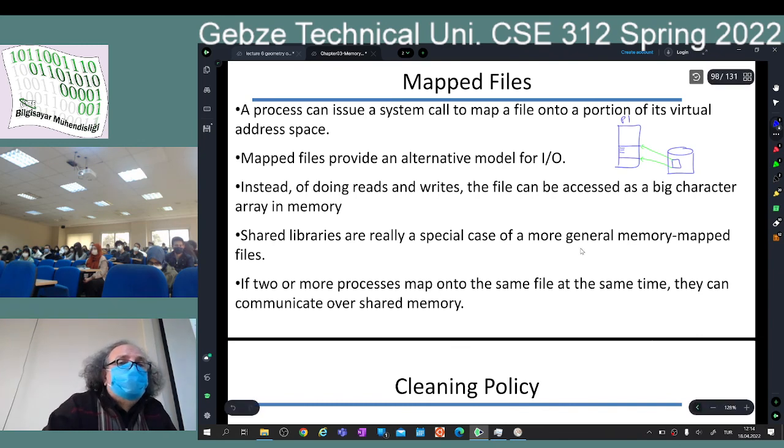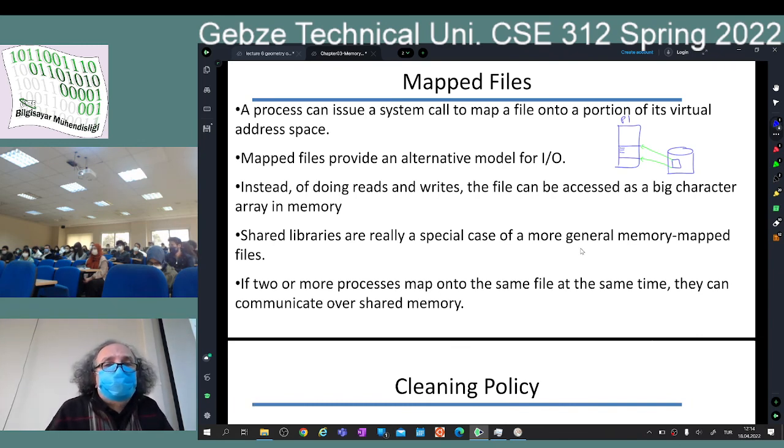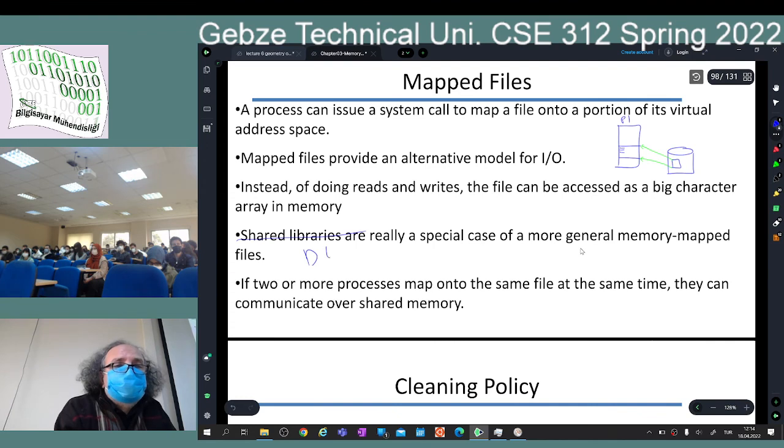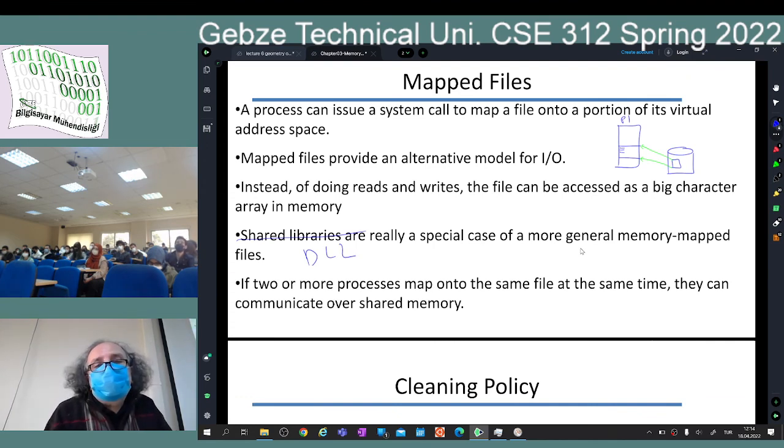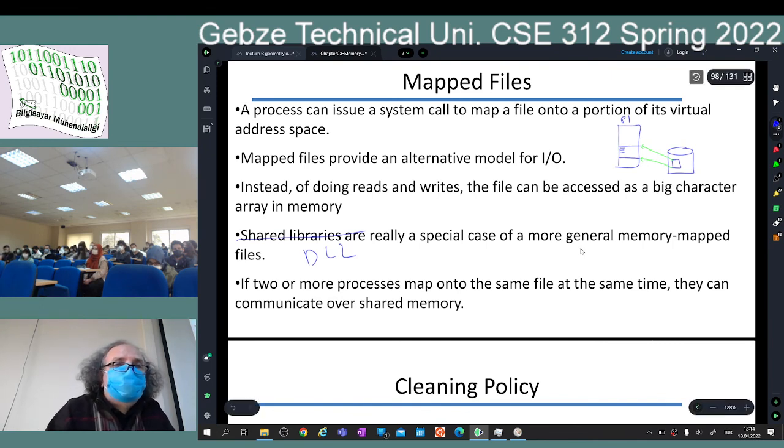Instead of doing reads and writes from the disk, you are using your regular instructions. And basically your shared libraries, your DLLs are actually like that. Your operating system maps your DLLs to some part of the memory, and your programs are using those pages of your memory, and it is all done through this feature of mapped files.